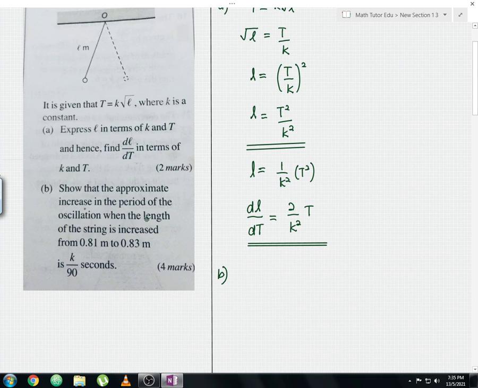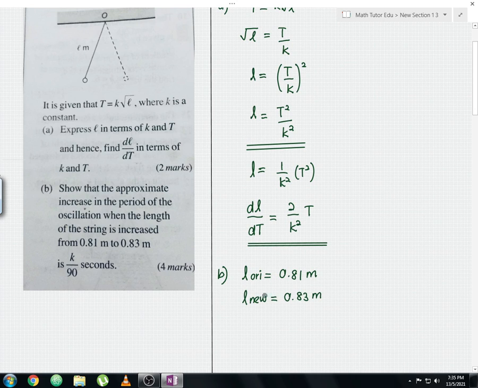So we can start to obtain the information from here itself. So from here, it mentioned that the original length is equals to 0.81 meter, and the new length of string is increased to 0.83 meter.